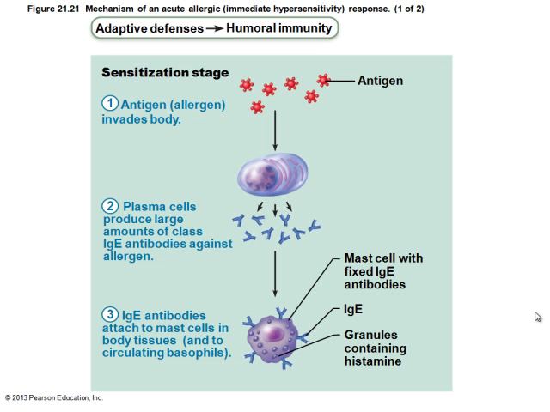Systemic lupus erythematosus is also a problem. It affects kidneys, heart, lungs, skin, and glomerulonephritis is a problem with kidneys and kidney filtration. So this is where your immune system is actually attacking its own cells.